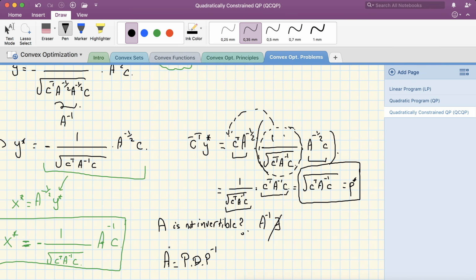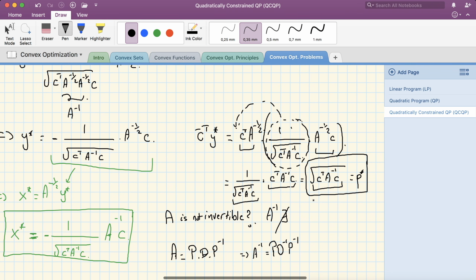So once you invert this, A minus 1, you could write it as P, D minus 1, P minus 1, right? And when an eigenvalue is going to 0, A minus 1 is exploding, right? It's going to infinity, or at least some of its elements are going to infinity. And hence, this cost is also going to infinity. And we say that the cost function is unbounded below.